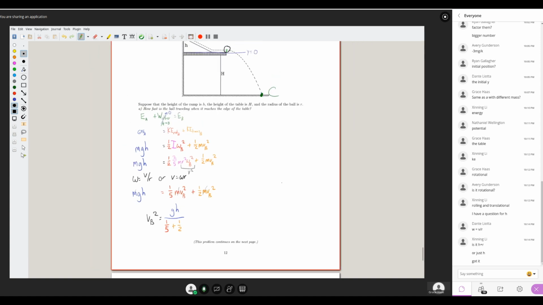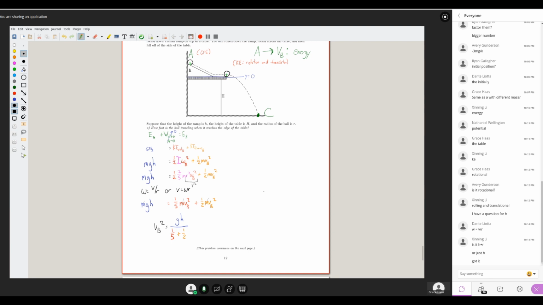It's interesting, you have one term in the denominator that comes from the translational piece and one that comes from the rotational piece. You can even see that you still have both terms separate. But ultimately, we'd like to simplify those fractions. So 1/5 plus 1/2 is 7/10.